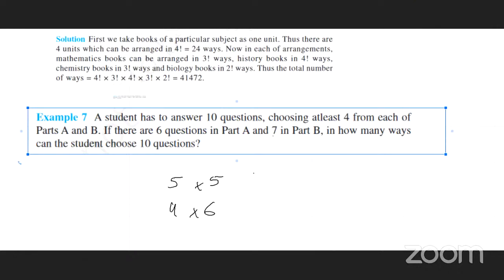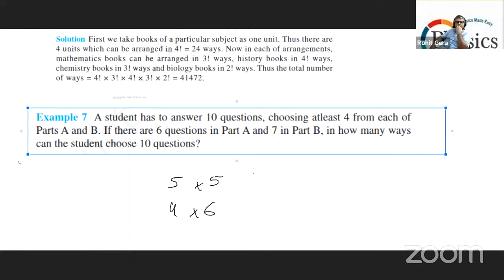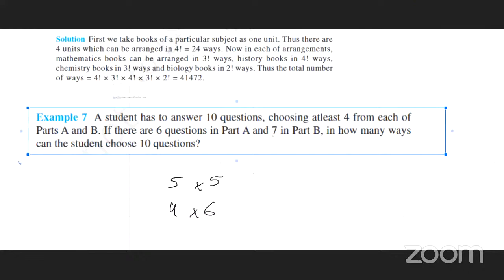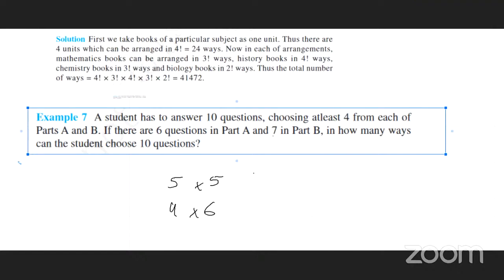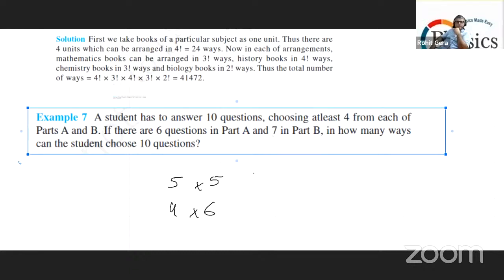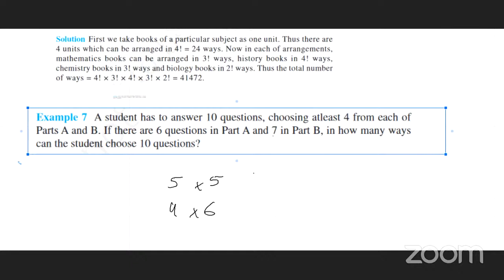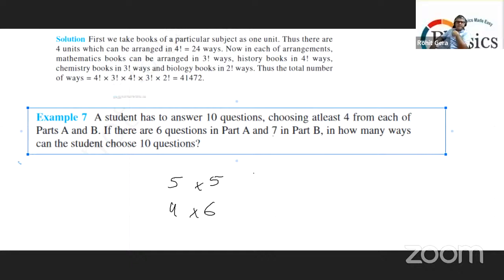How many are you selecting from A? 5. There should be 10 questions. What is the question bank available to you? A has a total of 6 questions. So your selection from A has to be from 6. Out of 6, how many have you decided? 5. So you're saying I will select 6p5.